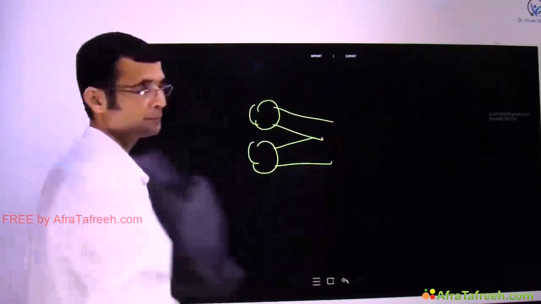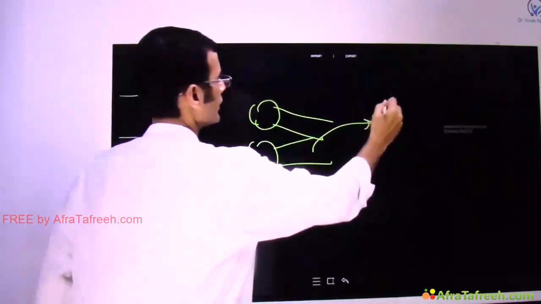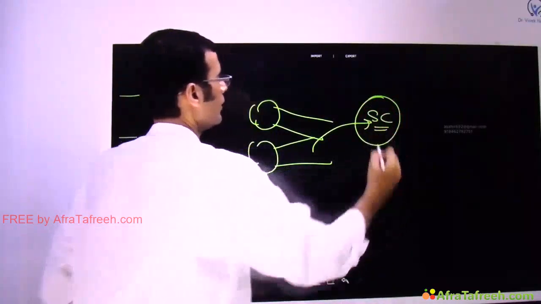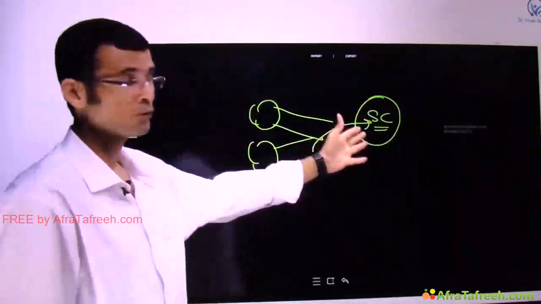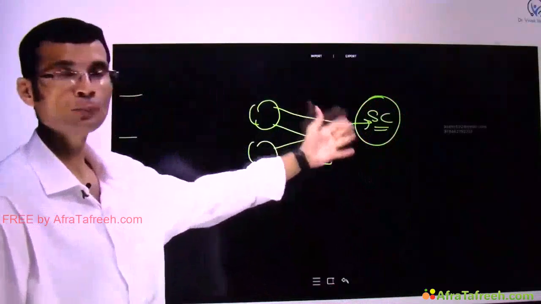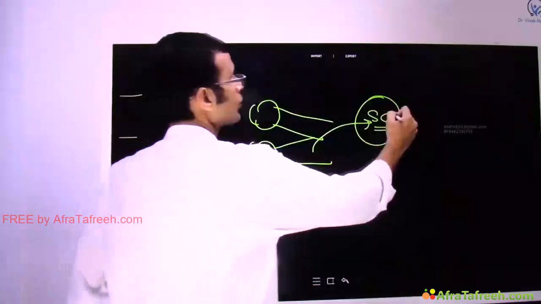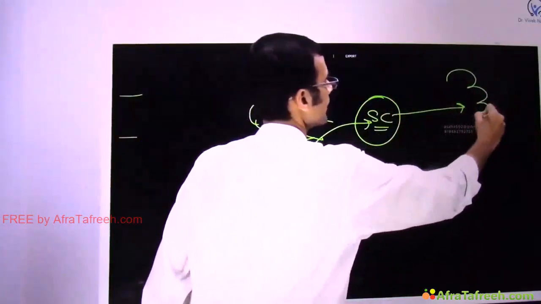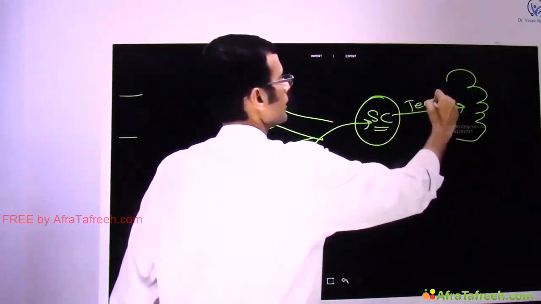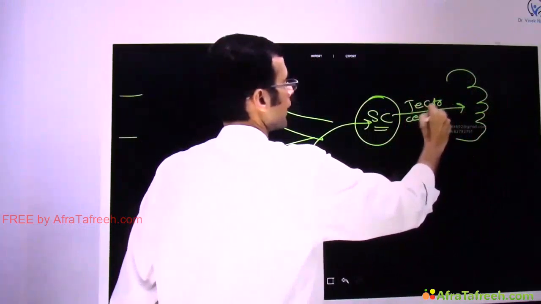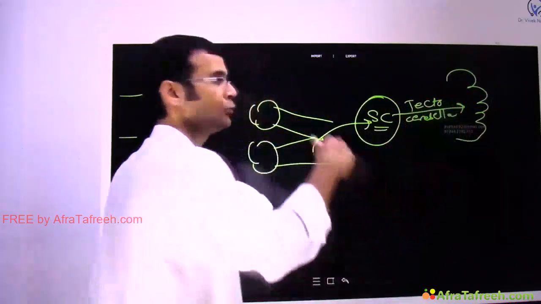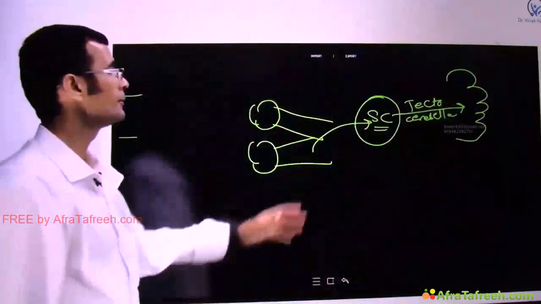The visual pathway sends one set of signals to the superior colliculus, and therefore one more structure related to the visual pathway is the superior colliculus. Now this superior colliculus sends signals into the cerebellum. This is the tectocerebellar tract. We know the tectum has two superior and two inferior colliculi.